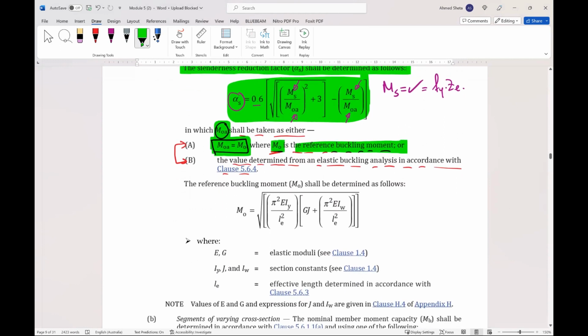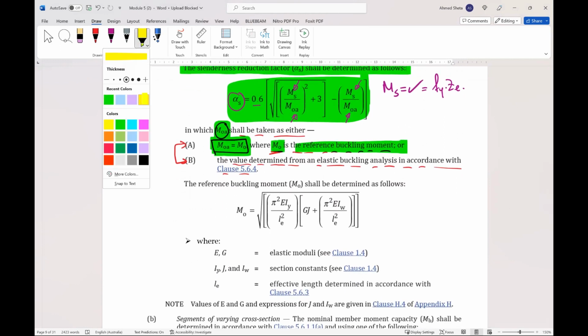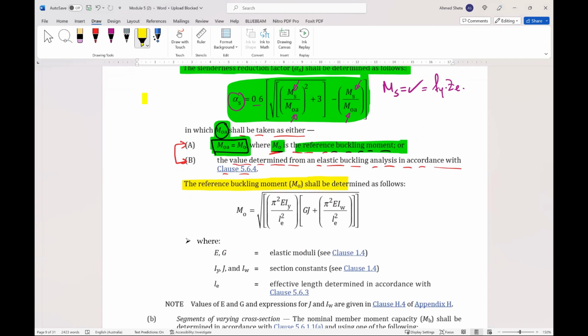The buckling reference moment can be determined using the following equation. So the reference buckling moment Mo shall be taken as this equation.